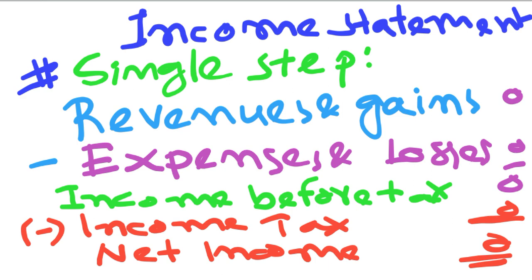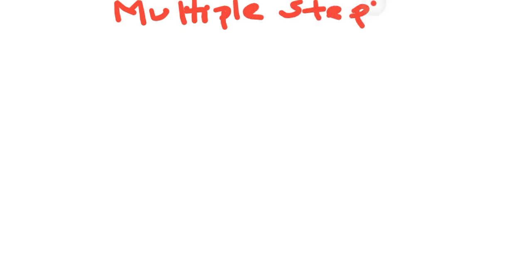And now we are going to show the multiple step. On the multiple step income statement, let's see what we will do. First of all, we'll be showing the sales revenue.